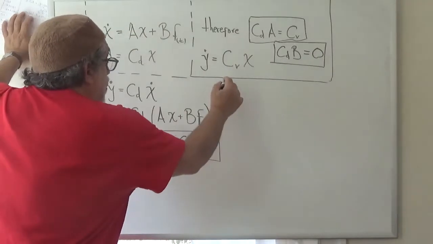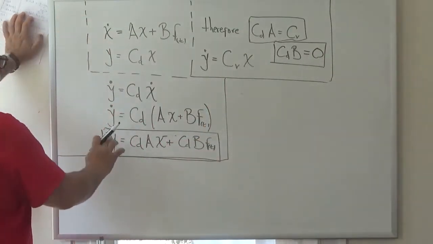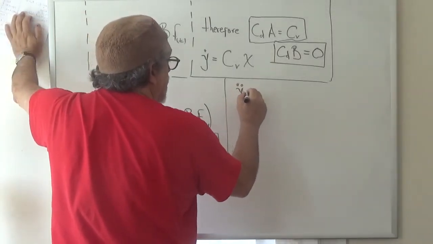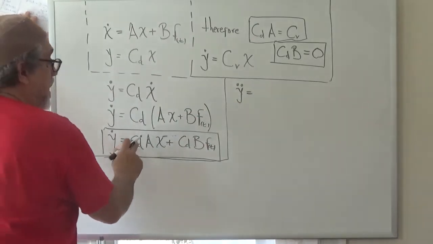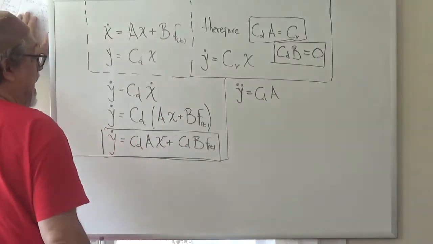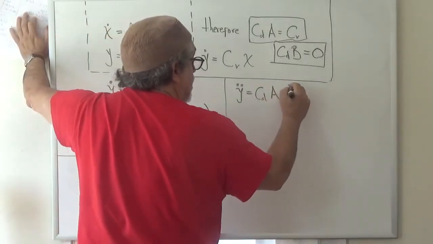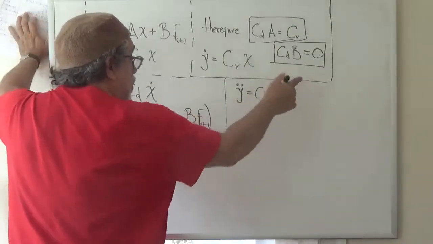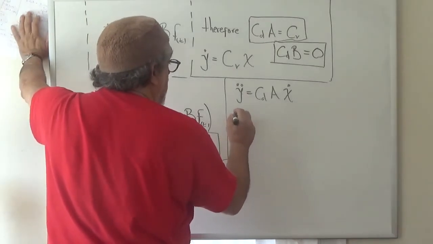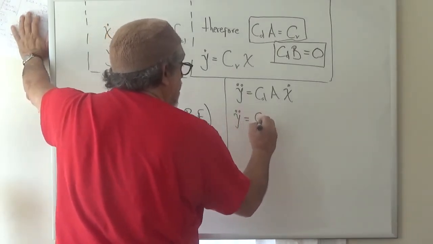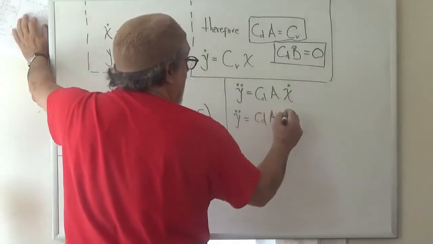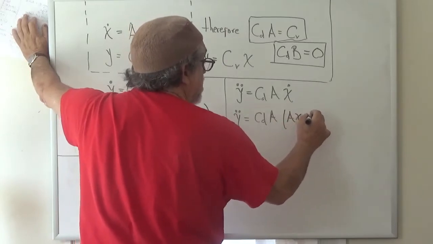Okay, then the next step that we do is we can say, all right, how about one more derivative? So if we take one more derivative, and we say the derivative of y dot, had we measured acceleration, what would we obtain? Well, we would obtain CD times A, right, times x dot. This we already saw was 0, so I won't put it there, right? So that's what we would obtain. Therefore, y double dot, had we measured accelerations, would have been CD times A times x dot. But x dot is AX plus BF, right?